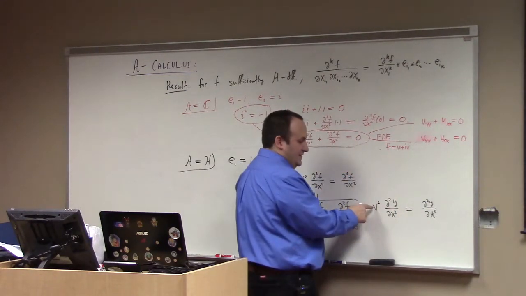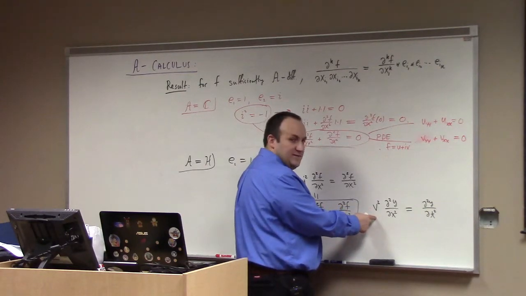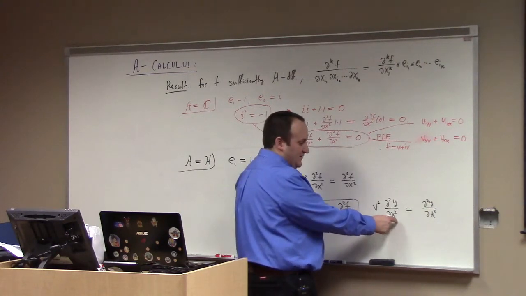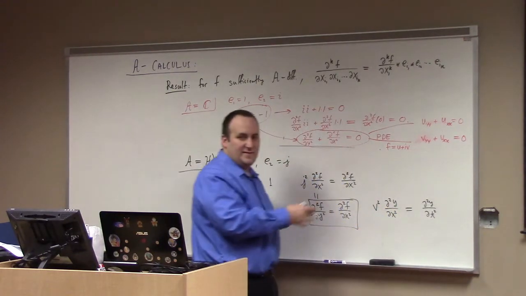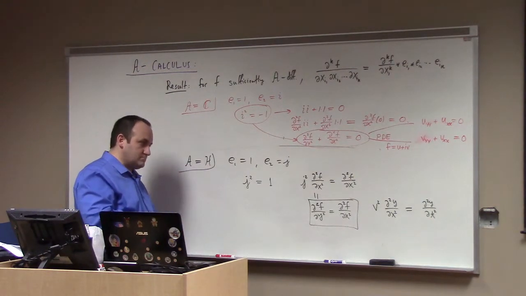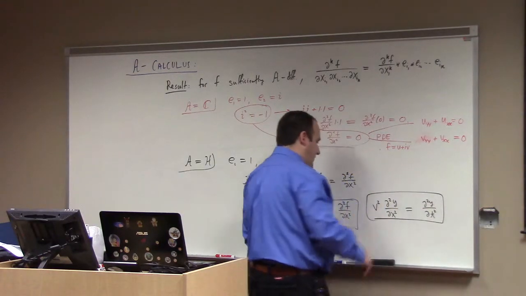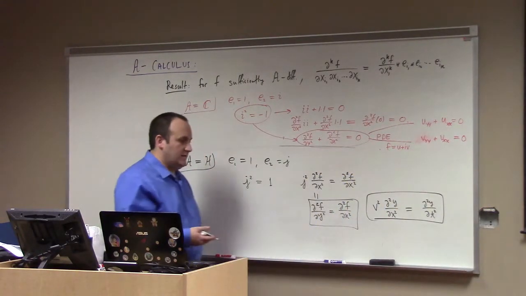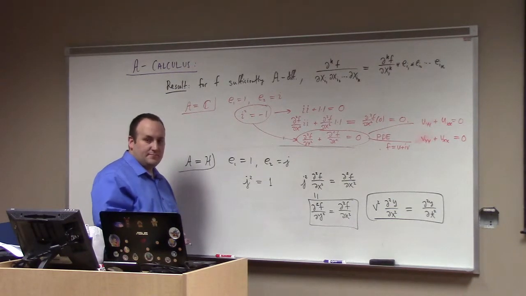See, now I've got position squared over time squared, and then this derivative divides the time squared, and we've got a time squared down here. I think dimensionally that makes more sense. So this right here is the wave equation for a transverse wave with speed v.